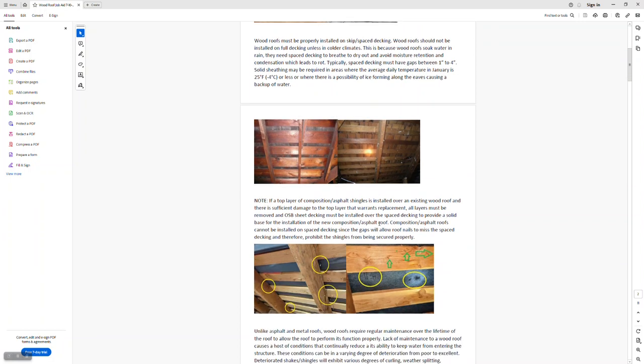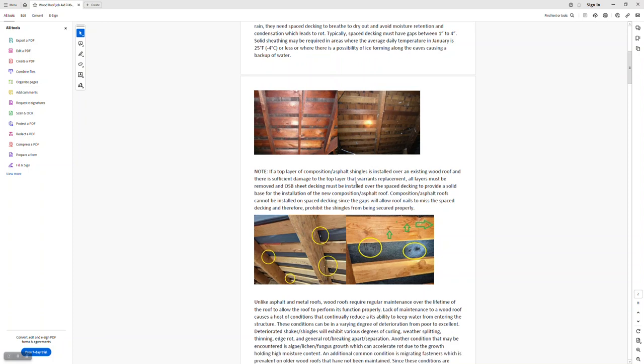This is something, space decking, is very, very important that you always have to deal with on wood shake roofs. Typically, as you can see, wood shake is installed on spaced decking. There's some type of spacing between the decking. The decking could have some type of furring strips. You'll find all kinds of decking out there.